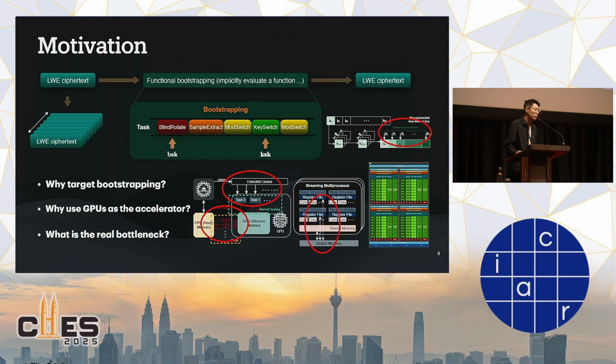Each time we launch a GPU kernel, for this case we use NVIDIA GPU, so we call it a CUDA kernel, we need to first load some memory from global memory to shared memory. That costs a lot because both the ciphertexts and the keys are rather large, so it's time consuming too.